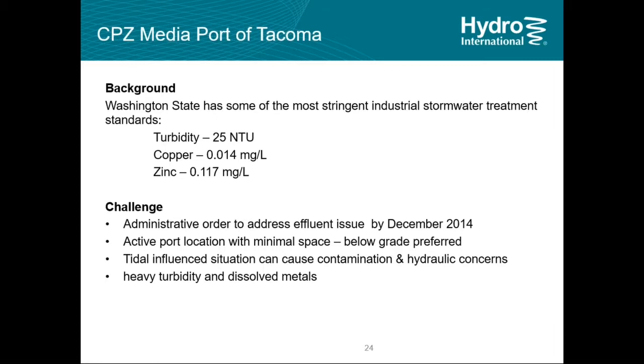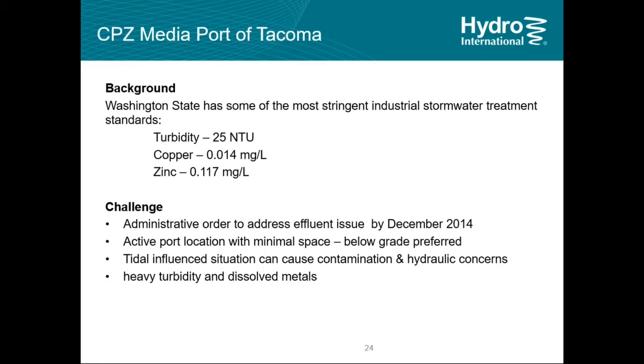The challenge: they were under an administrative order to improve their effluent by December of 2014. It was an active port, very difficult, with minimal space. What space they had, there was heavy equipment being run all the time. So obviously below grade was the preferred system to use.